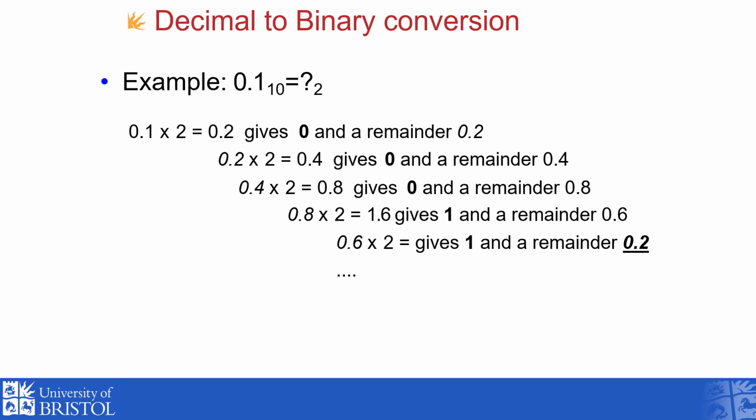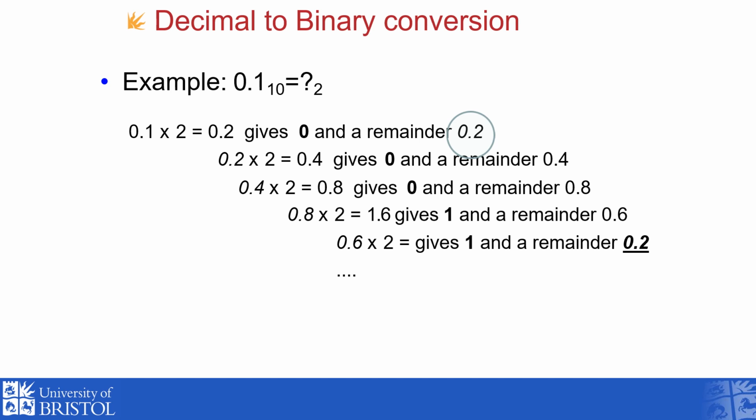This means that the remainder is 0.6, which on the next step, multiplied by 2, gives 1 and a remainder of 0.2. That's interesting. It's not the first time that we see a remainder of 0.2. If you go through repeating the steps, you will realize that you will always be going through these steps.